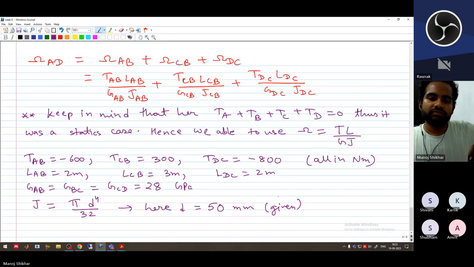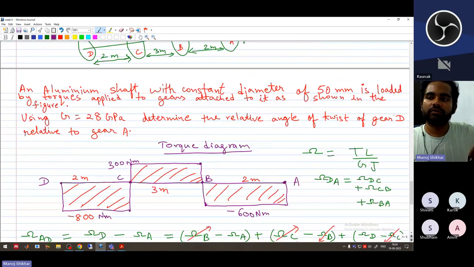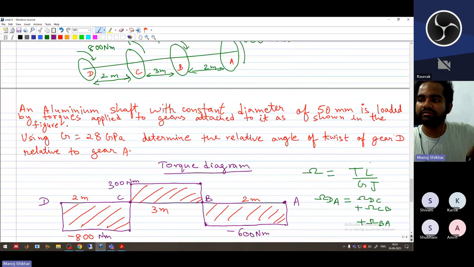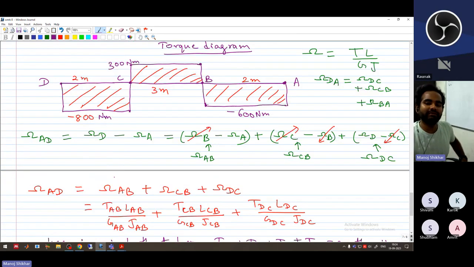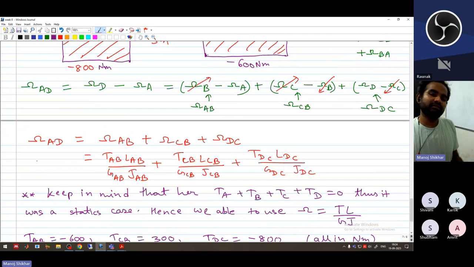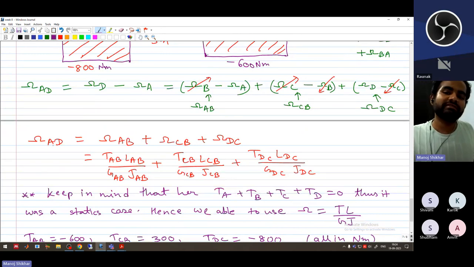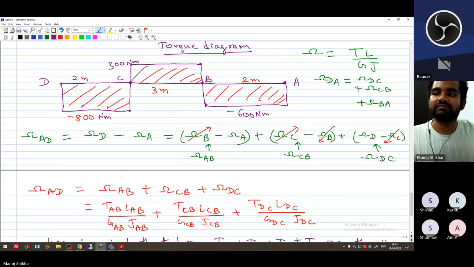Okay. So suppose if they had asked what is the angle of twist of gear A relative to gear D, so that will be negative of this thing. Okay, because you will have to find there omega A minus omega D. I should write it here actually.